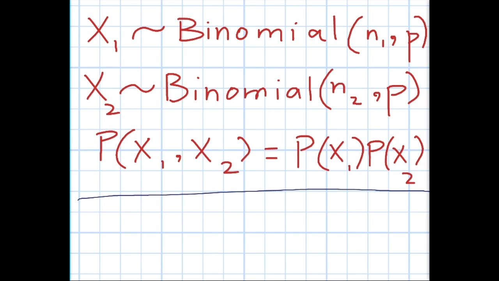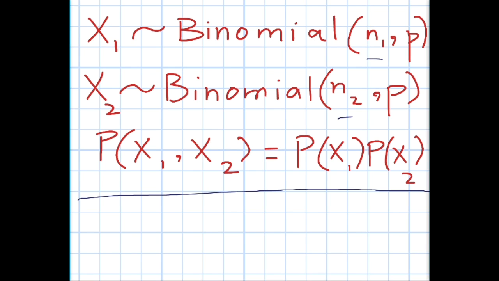So let us now see if we have two different binomial random variables, how does their sum turn out to be? So the assumption is that X1 is binomial with parameters n1 and p, and X2 is binomial with parameters n2 and p.